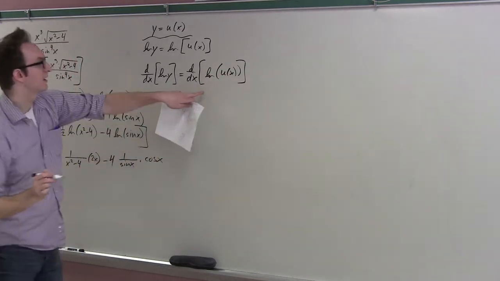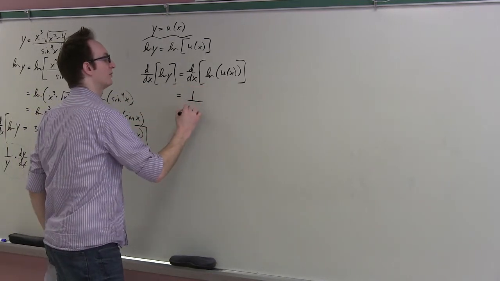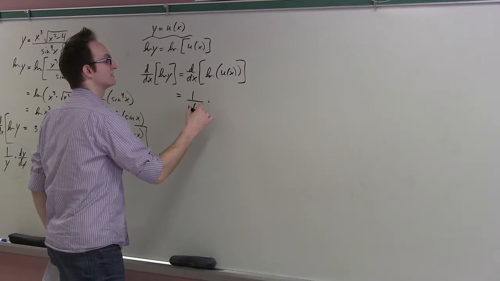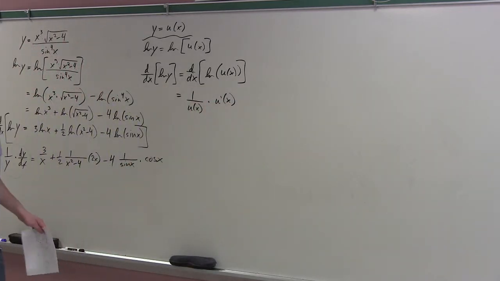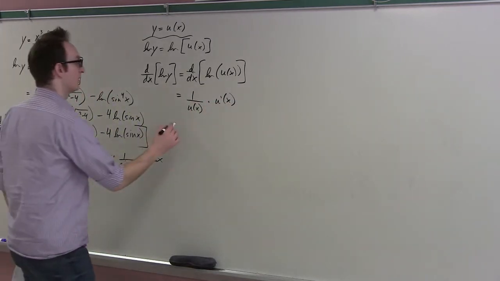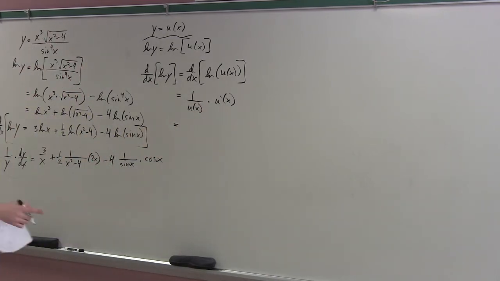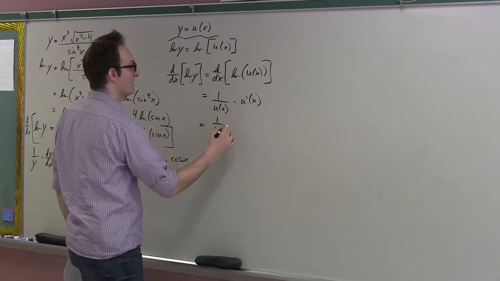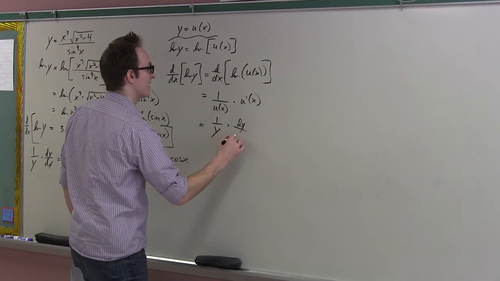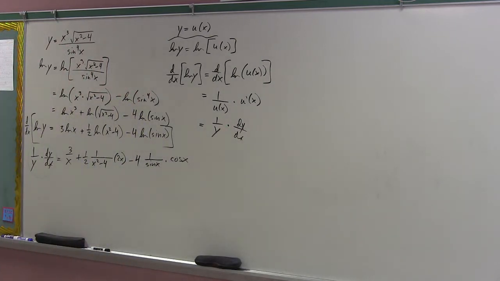And what is the derivative of ln of something? Well, it's 1 over the something, back inside for the derivative of the something. And so this is my final answer, but that's exactly what I get here, right? Because 1 over u of x is just 1 over y, and u prime of x is just dy dx. So I don't know if that was convincing at all.